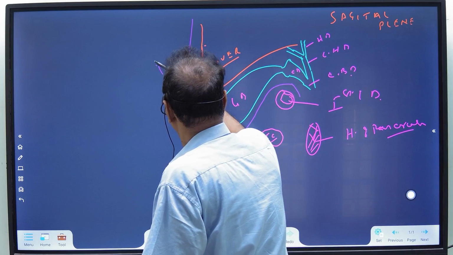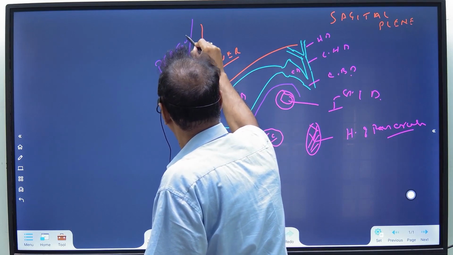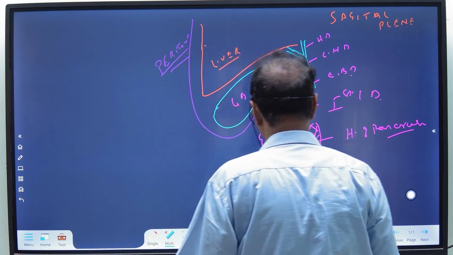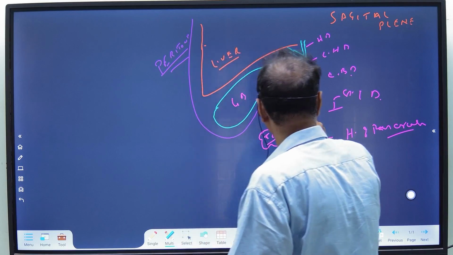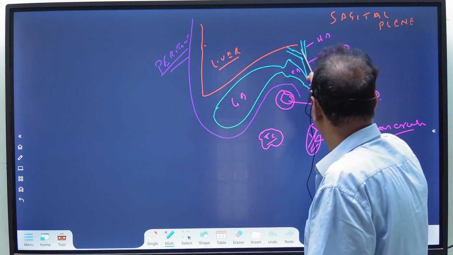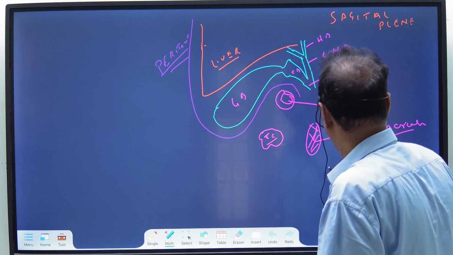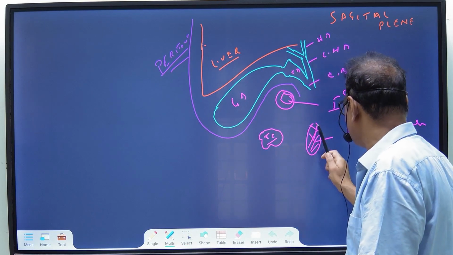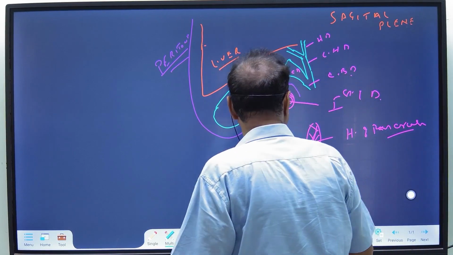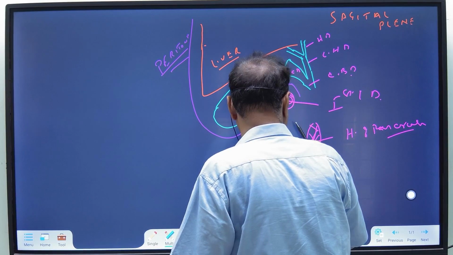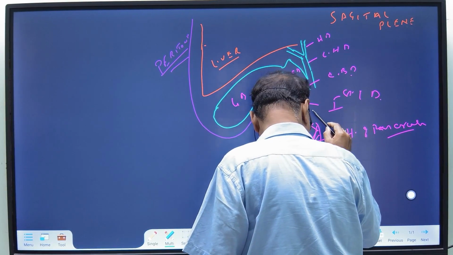This is the peritoneum. So we have the peritoneum over here. So we have the liver, the gallbladder, the right and left hepatic duct, the common hepatic duct, the cystic duct. We have the first part of duodenum, transverse colon, and the head of the pancreas. We complete this layer one.